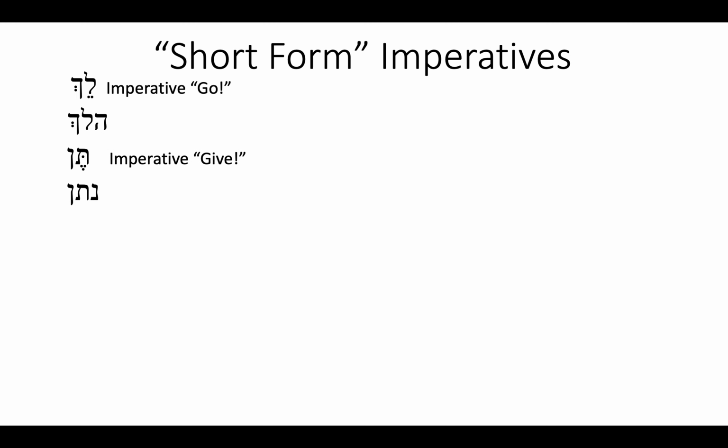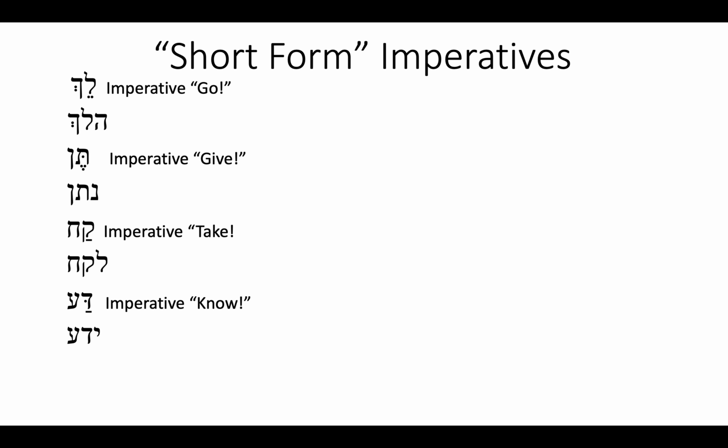The imperative for nun taf nun, to give, is just ten or tain. The first nun drops out, and we get this really short word, tain. Our root to take, lamed kof chet: the lamed, remember, in this oddball root drops out in certain cases, so we have just kach, take.